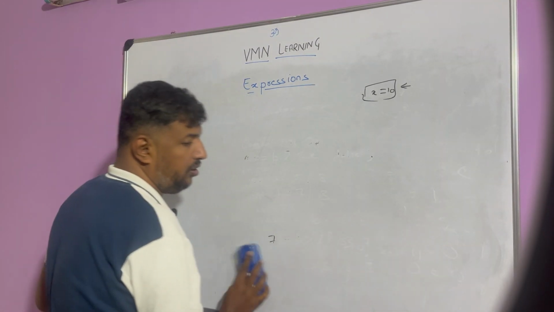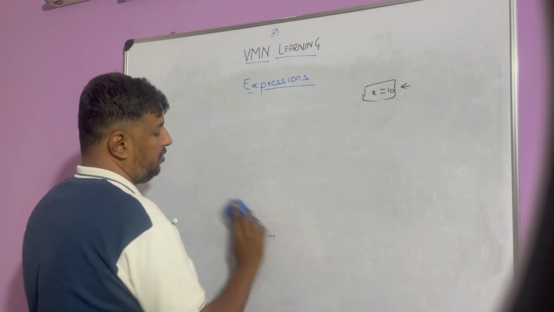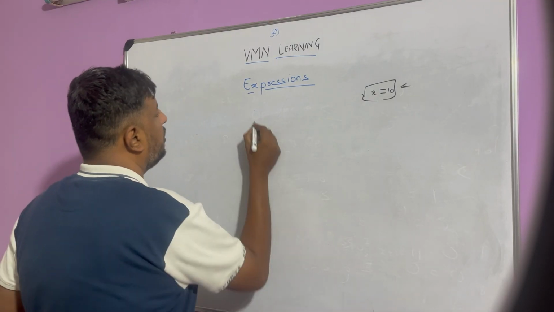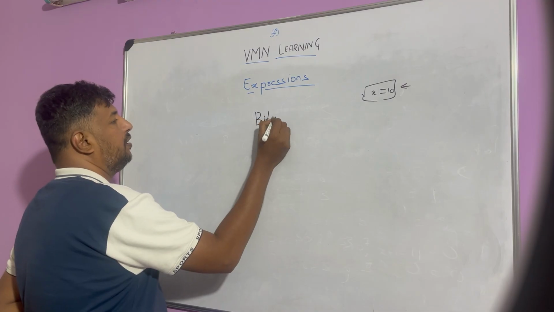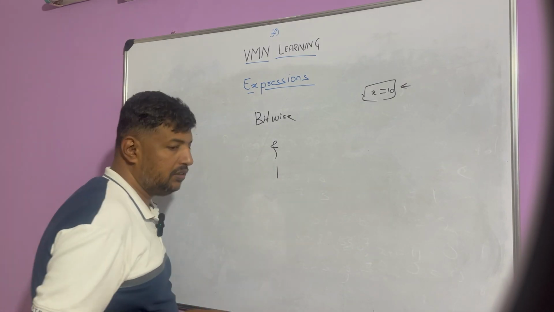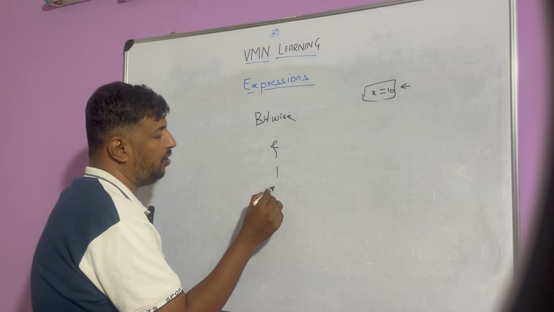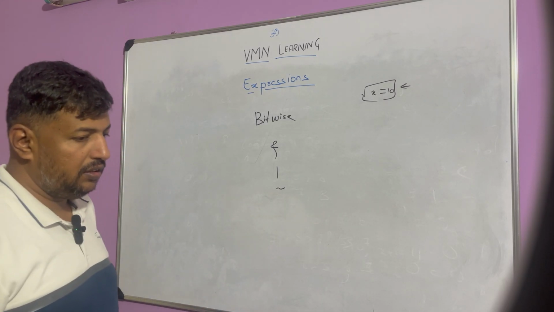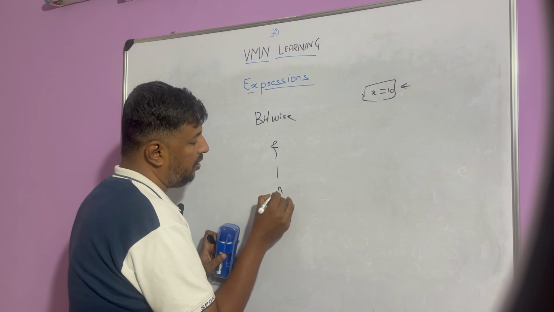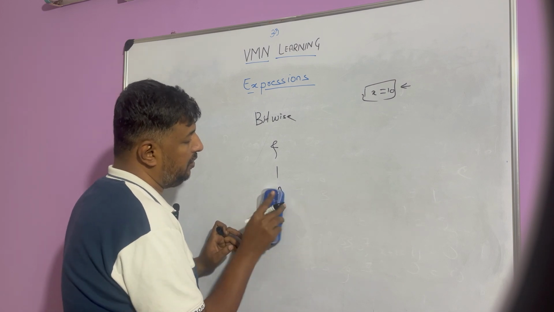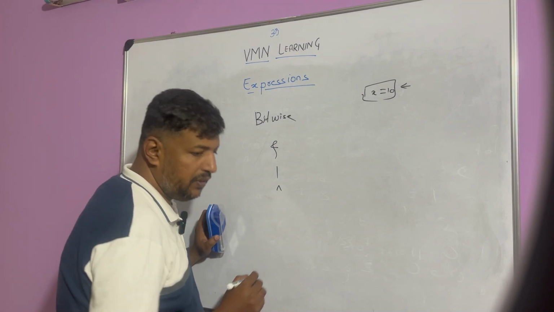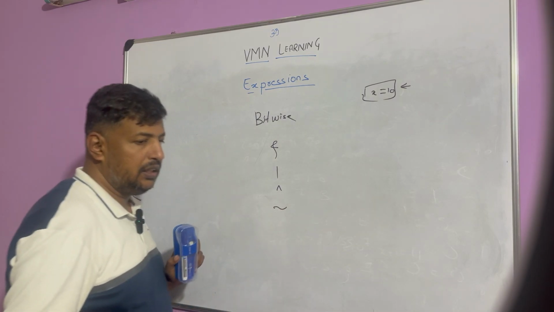Bitwise operators directly work on the bits, that is 1 bit, 2 bits, right? 1, 0. These bitwise operators are AND, OR, XOR, the cap symbol, okay?